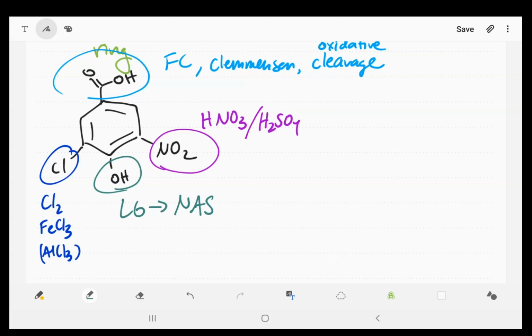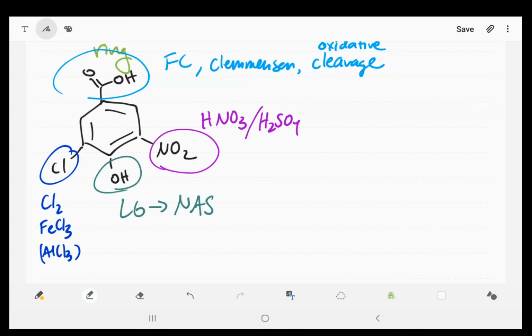We have 2 electron withdrawing groups on this ring, so it'll be good to do nucleophilic aromatic substitution as a result. Because as we see here, that OH is ortho to a nitro, and it's also para to a carboxy. So we're in a good place to do nucleophilic aromatic substitution there. But in order to do that, we need a leaving group there first.